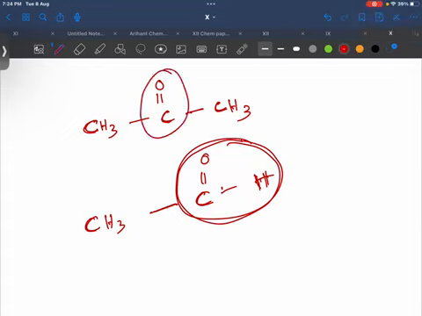But a ketone will come in the middle of the chain. It cannot be in the beginning or ending. Write down: the ketone group, C double bond O, cannot be in the beginning or in the end, but the CHO group will always be in the beginning or end.